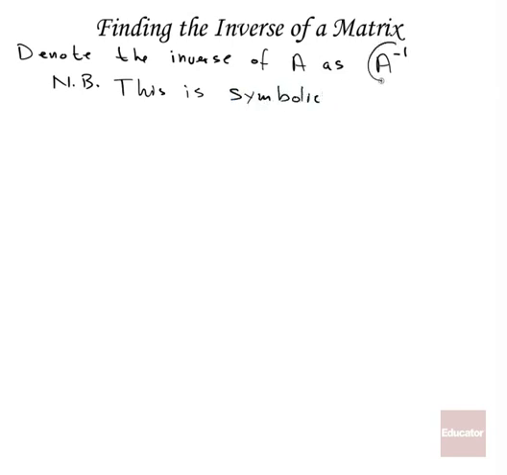This A to the -1 does not mean 1 over A. This doesn't work for matrices. It's not defined. This is strictly a symbol that we use. Sure, you're used to seeing numbers like 2 to the -1, which is equivalent to 1/2. You just flip it. That's not the same here. We use the same symbolism, but it is only symbolic. It doesn't mean take 1 and divide by a matrix. Division by a matrix is not defined. It's not even something that we can deal with. But bear that in mind.